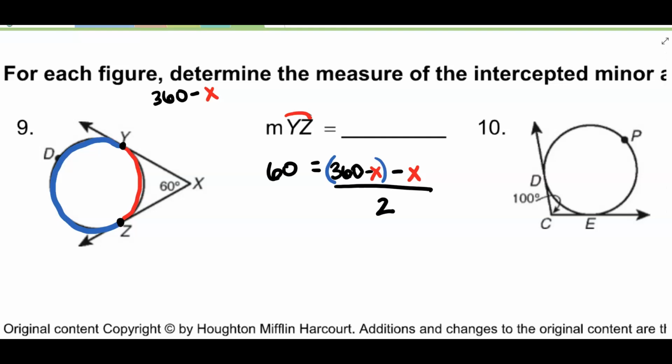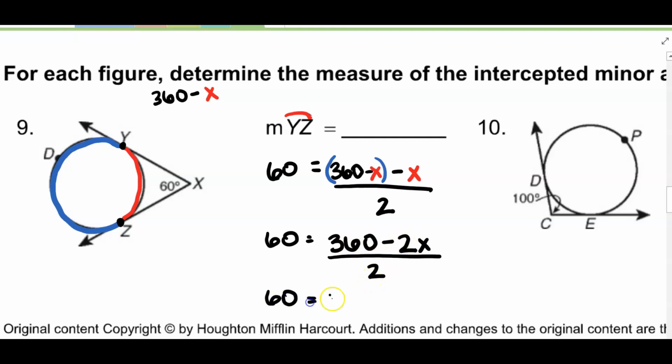So let's neaten up that numerator a little bit. We have 60 equals 360 minus X minus X, so really it means minus 2X, divide by 2. I can simplify this. I have 360 divided by 2 minus 2X divided by 2. So I have 60 is equal to 180 minus X. Our goal is to solve for X, so I could subtract the 180 from both sides.